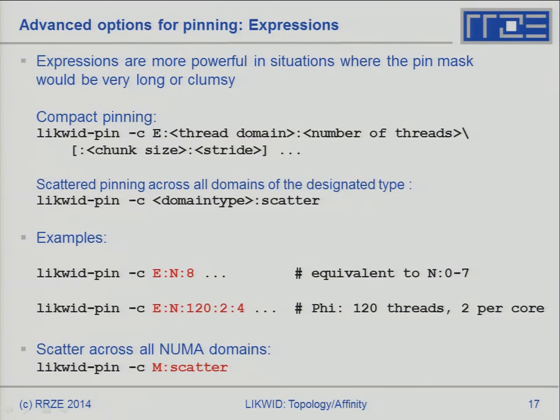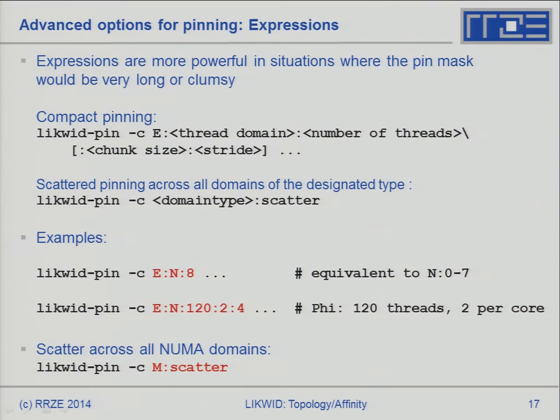That's why in the latest Liquid version, we have so-called expressions. You can have compact and scattered pinning. For compact pinning, you introduce your expression with E for expression, and then you have 2 or 4 components. Either you say thread domain and number of threads, or you say thread domain, number of threads, chunk size, and stride.